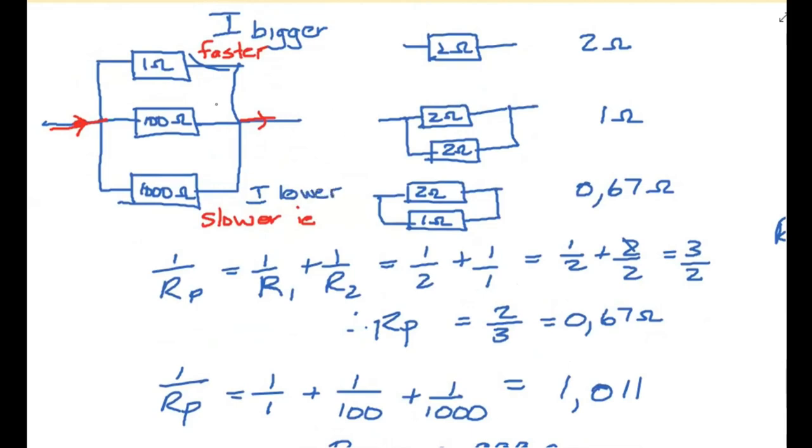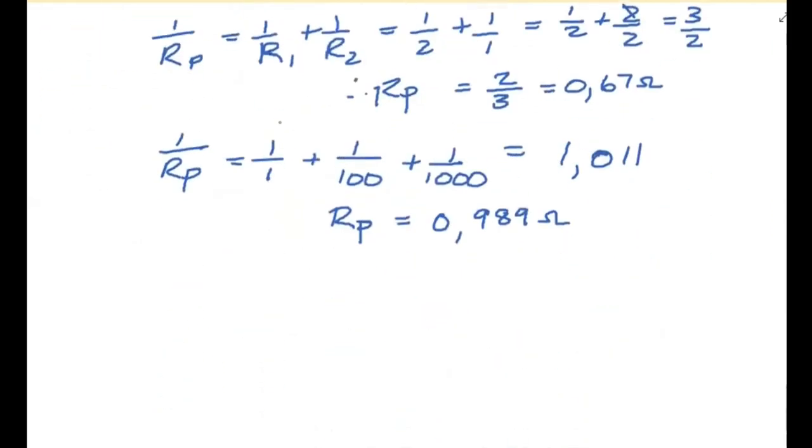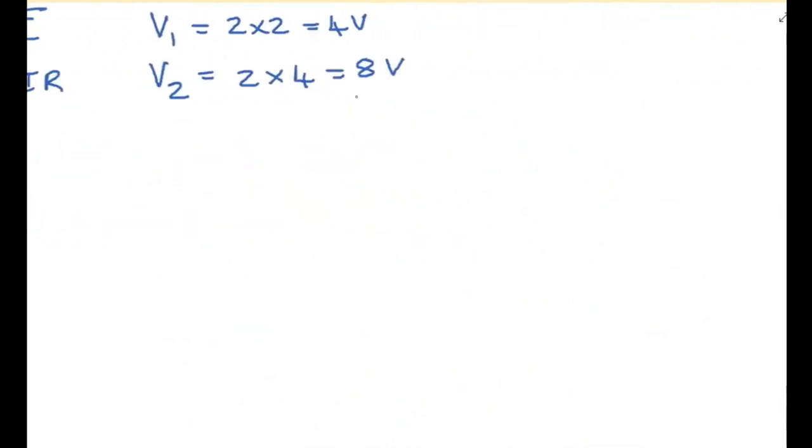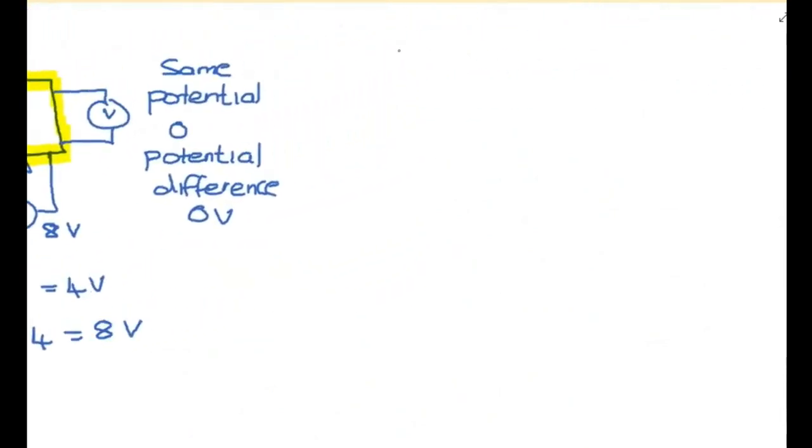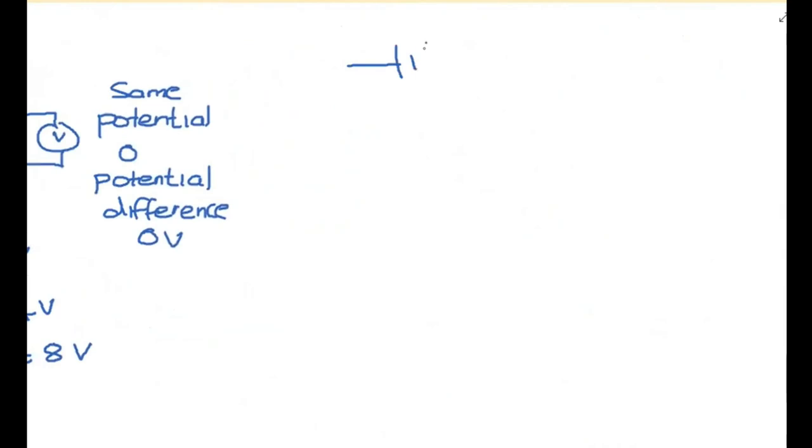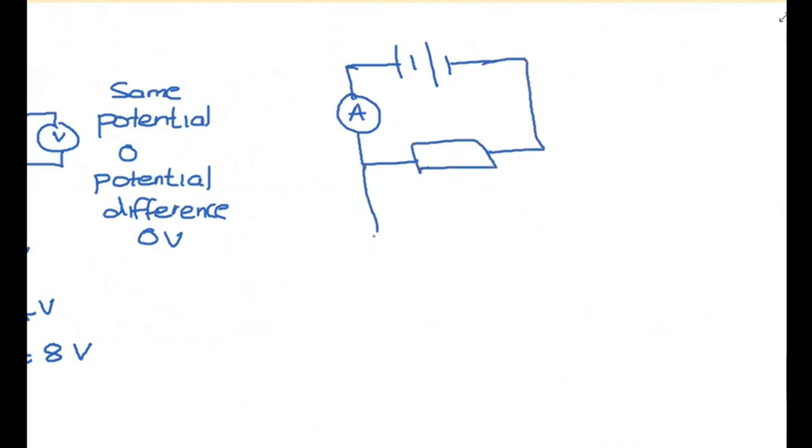So when you have parallel branches, to show you here, let's make this 1 ohm and then make this 2 ohms, I'm just going to make it easy.